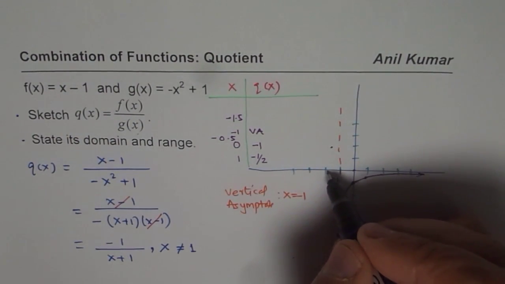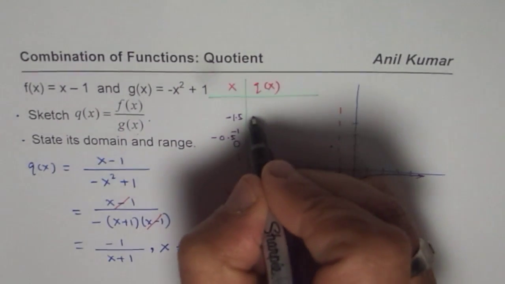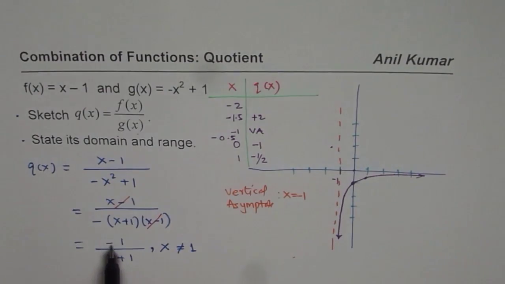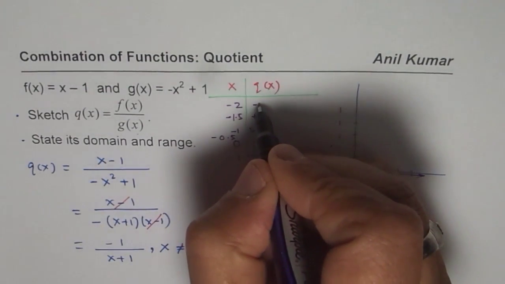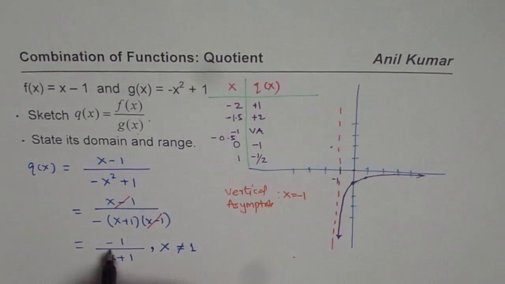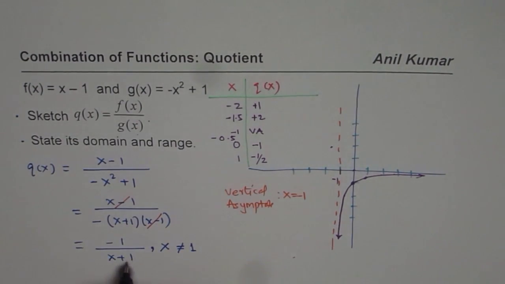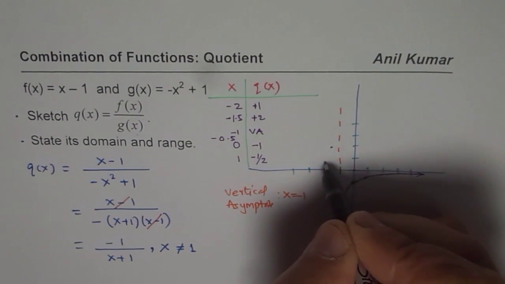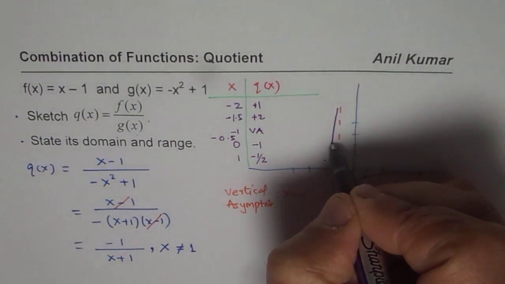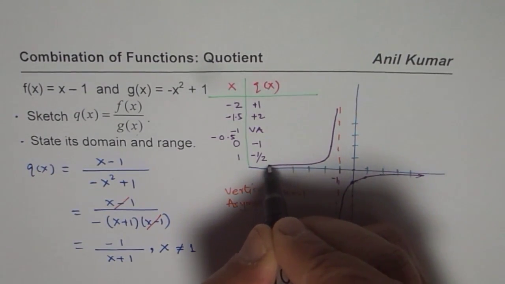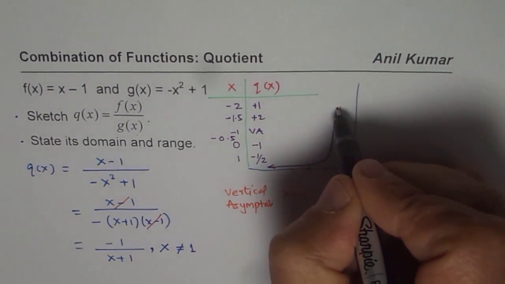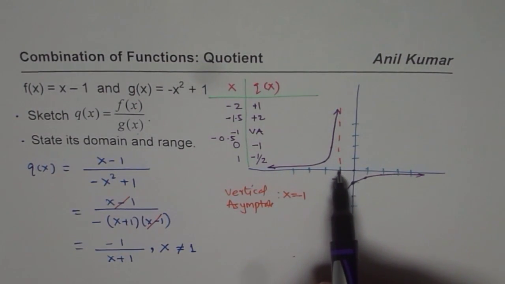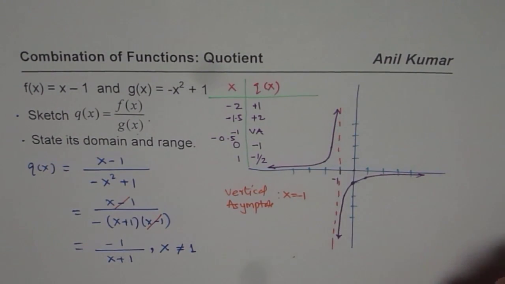And if I do minus 2 here, then minus 1 divided by minus 2 plus 1 will give me plus 1, right? So we'll have a value at minus 2, it will be kind of here. So we'll have a graph which is kind of like this. Basically it is a reciprocal function which is shifted one unit to left.